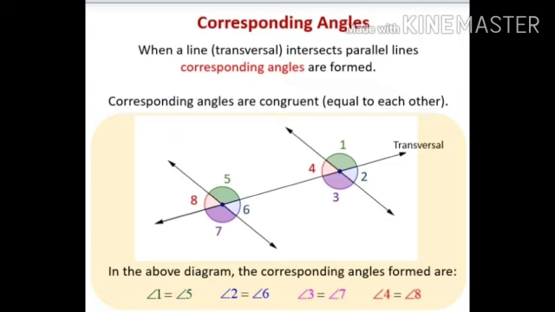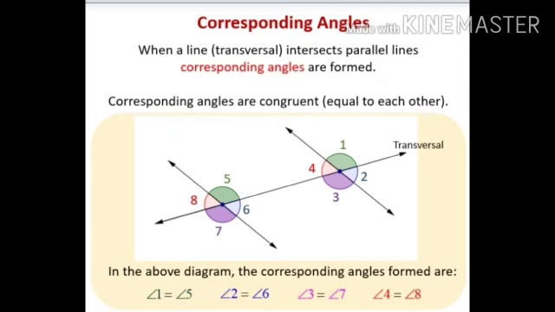Similarly, angle 2 and angle 6 are corresponding angles, and hence the measure of angle 2 is equal to the measure of angle 6, and hence they are congruent.